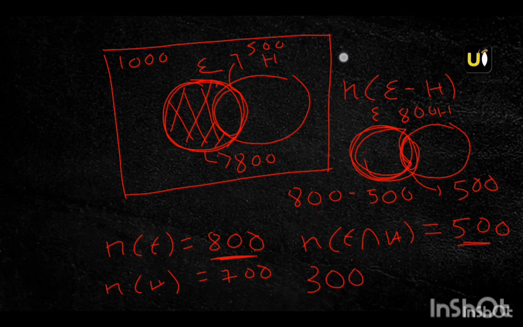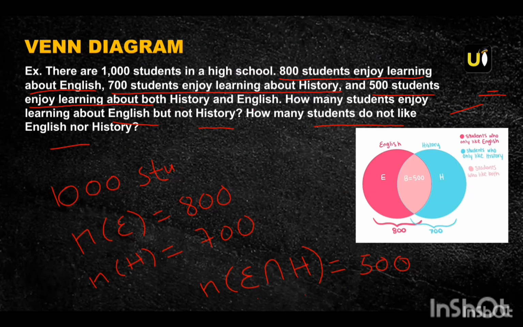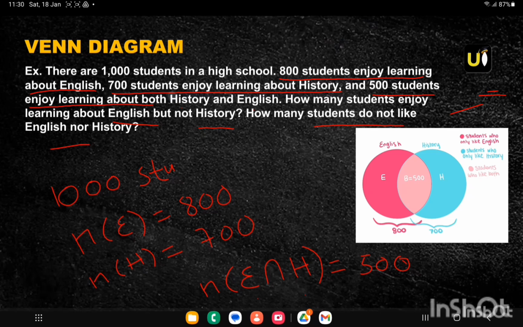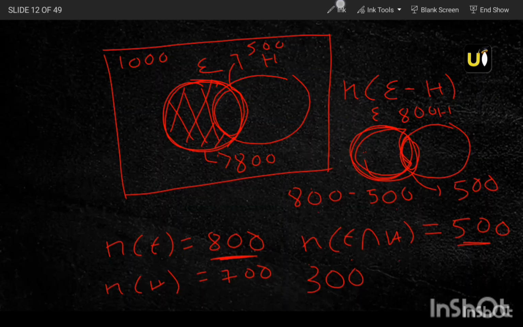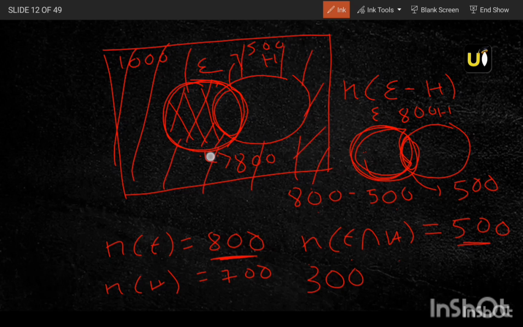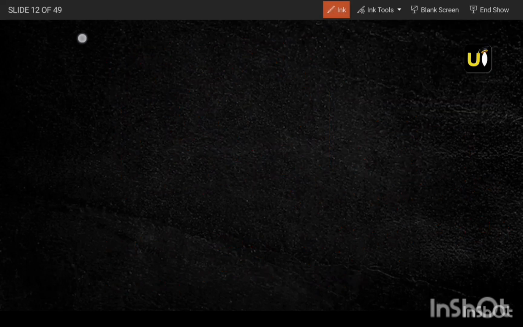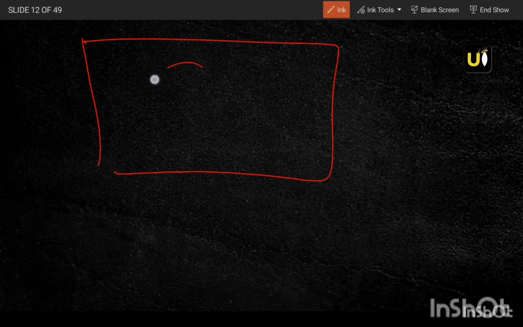Okay. Next. What is the next question? How many students do not like English nor history? Okay, that means we have to find this set, the complement of the given two sets. Let's draw the diagram again. This is English and this is history.